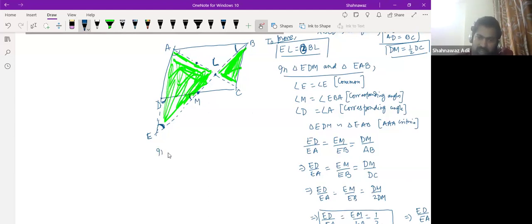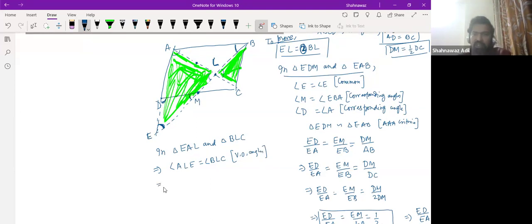So in triangle EAL and triangle BLC, what do we have? Vertically opposite angles, right? So angle ALE equals angle BLC, vertically opposite angles. What about the other ones? Do we have any other relation that we can use? Angle LAE equals angle LCB, that is alternate interior angles.